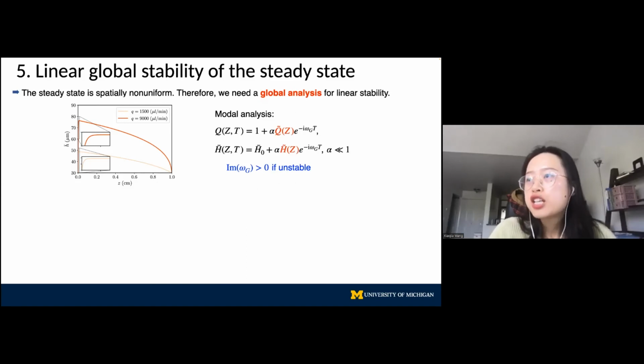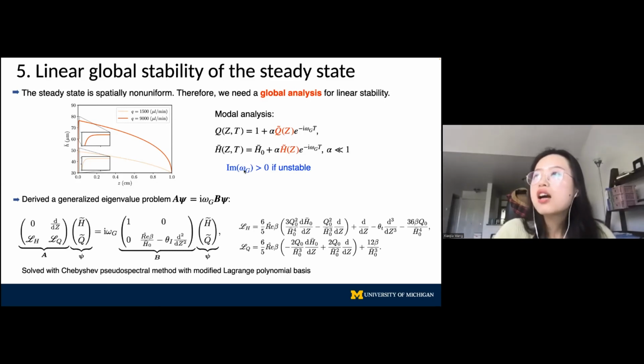Within this formulation, if the imaginary part of the eigenvalue is greater than 0, we will have instability. We substitute this perturbed steady state back into our governing equations and linearize. We end up with this generalized eigenvalue problem.